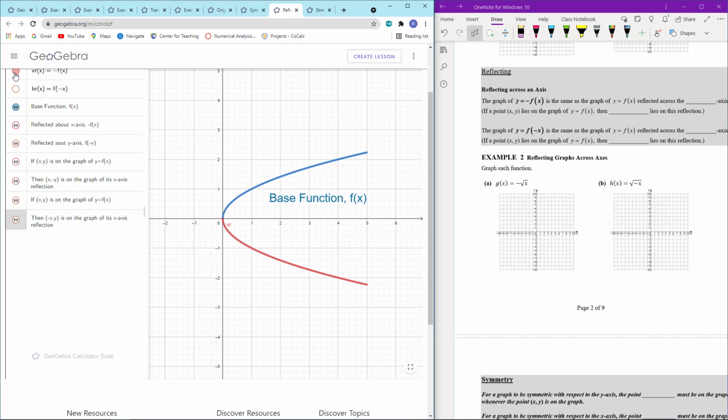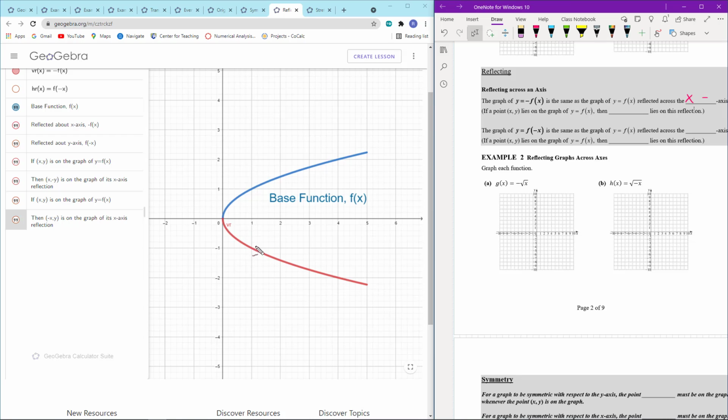And there it is. So as it turns out, if you take f of x and multiply that function by -1, you are going to get a reflection across the x-axis.